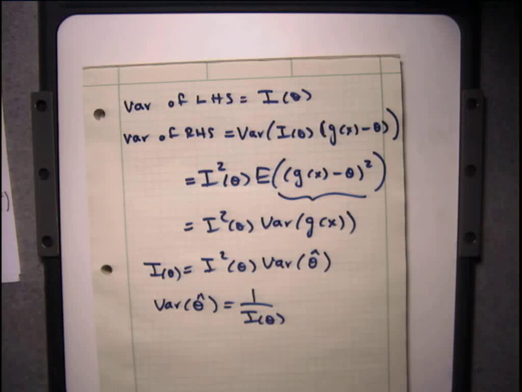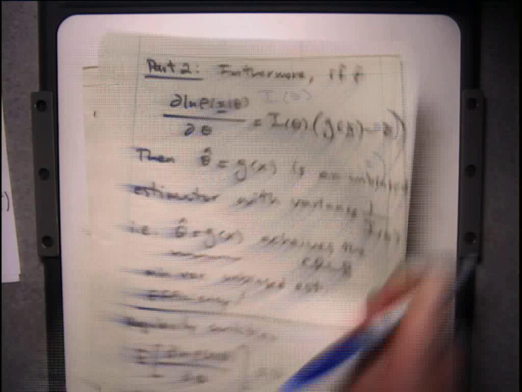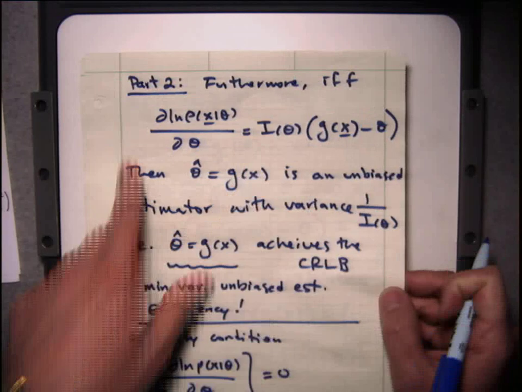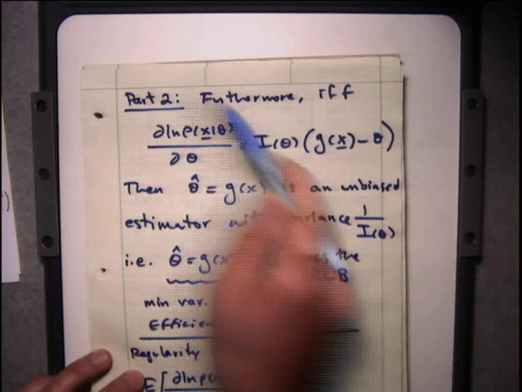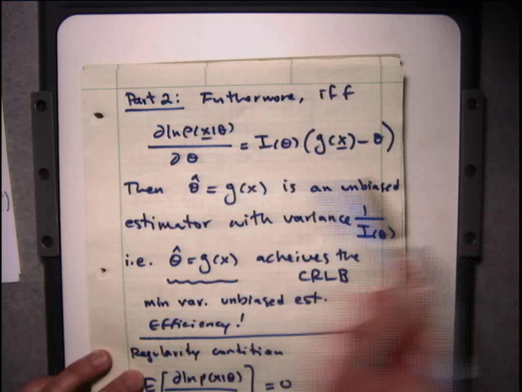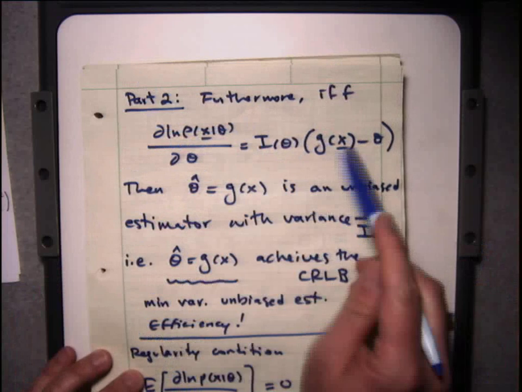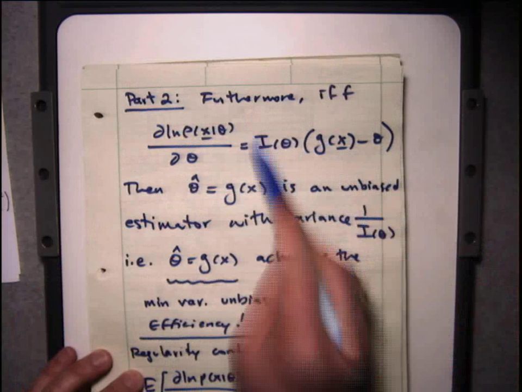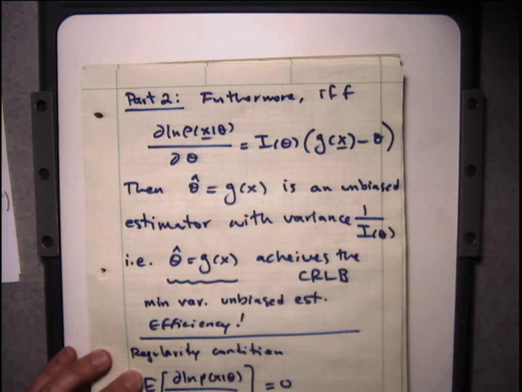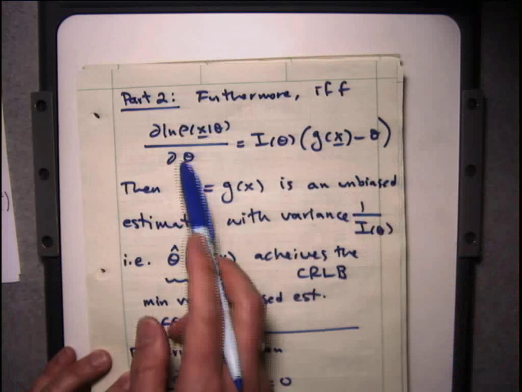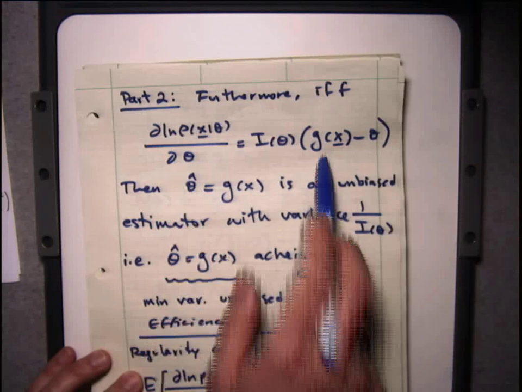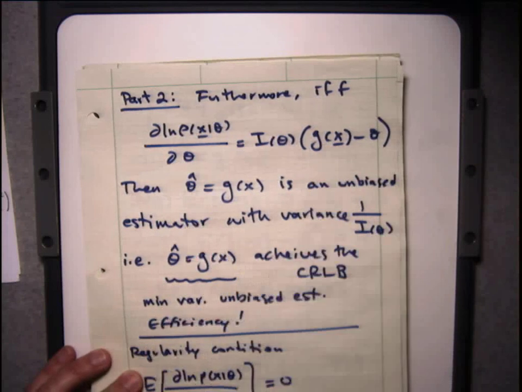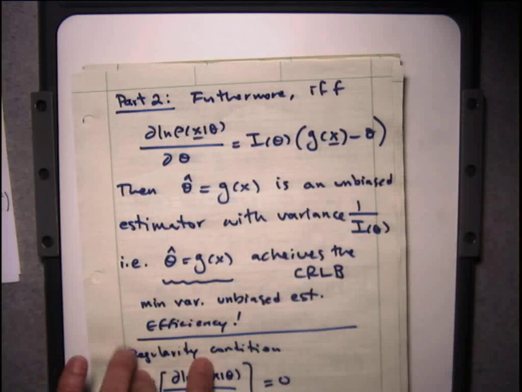In other words, if you can write this left-hand side as this, then you've got your answer. This is your estimator, and this is the variance of the estimator, 1 over the variance of the estimator. If you can prove that this left-hand side cannot be written like this, then you've proved that there is no minimum variance unbiased estimator. Okay? It's quite useful.